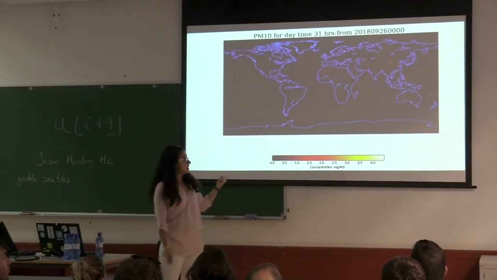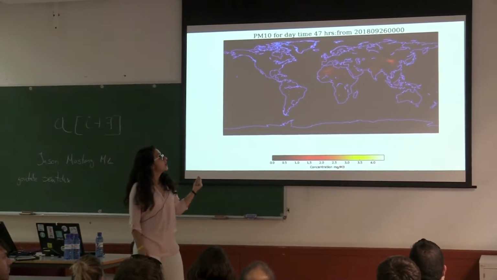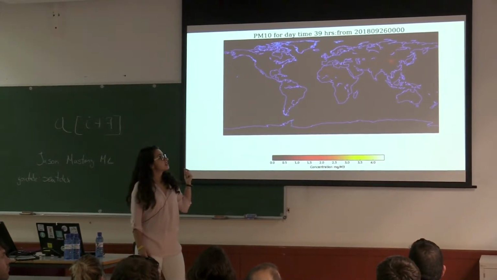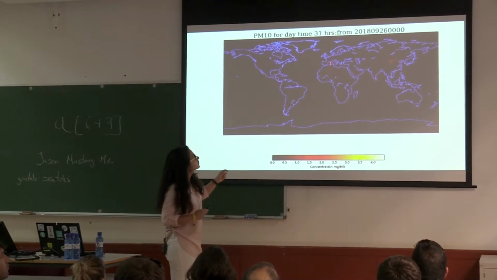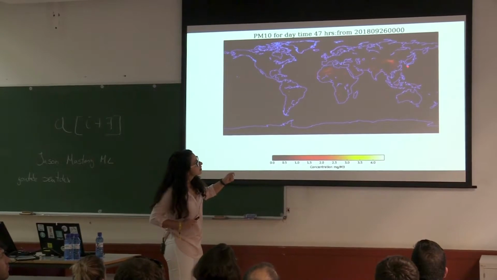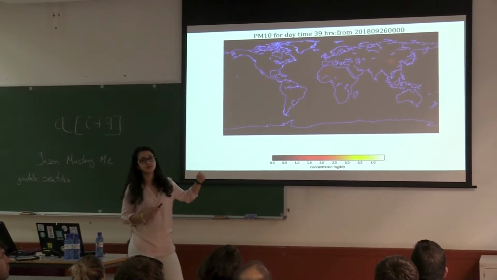Here, this is an animation of the PM value of September 27, sorry. You can see here the dust of the Sahara desert, and can you see this? What could this be? We are at the end of September.